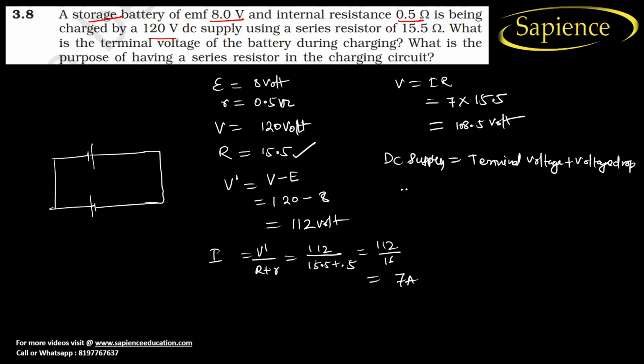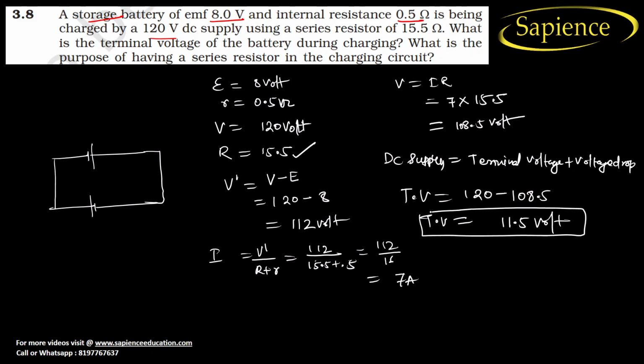So from here the terminal voltage will be the DC supply, that is 120, minus the voltage drop, 108.5. So from here we can say that the terminal voltage will be 11.5 volt. So I hope you have got this one.